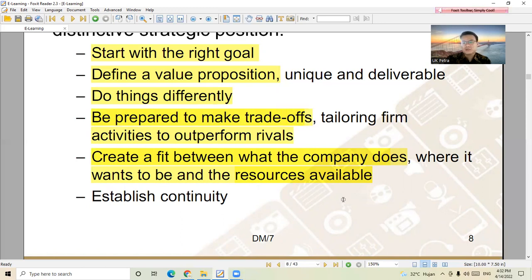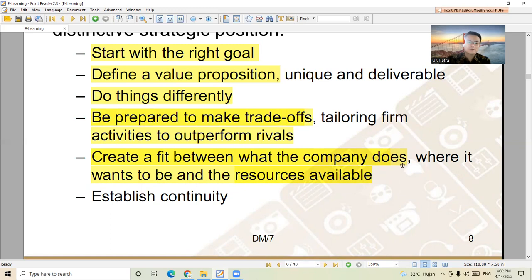So we have to be realistic. We have to be aware of the conditions of our own company. If we don't have enough money, if we don't have enough human resources, then we have to tailor or modify, at least make our objectives more realistic.